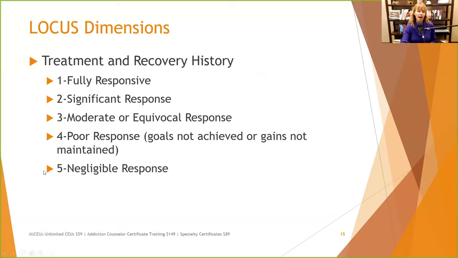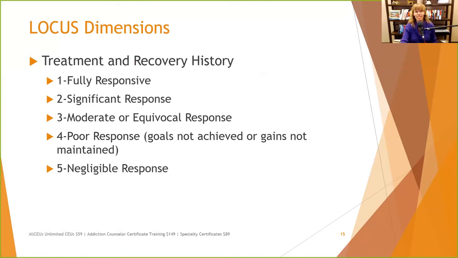And level 5 is there's a negligible response. So sometimes, and we've all had clients like this, they just don't seem to be making progress. So we want to look at that. And again, I ask clients, what was it about treatment that was effective and what wasn't? Some people will identify that they didn't have a good connection with their primary therapist.